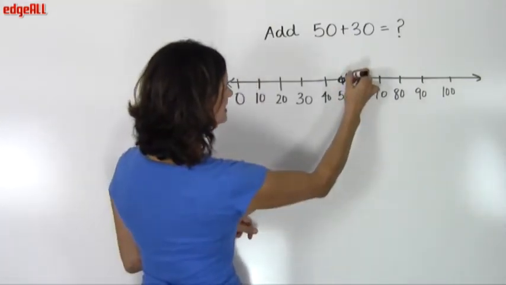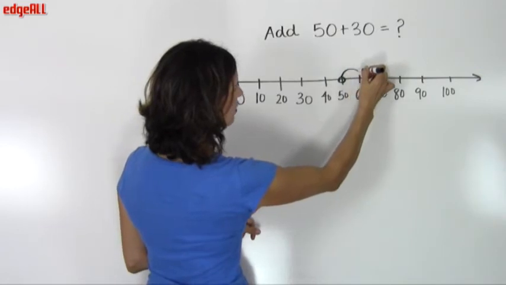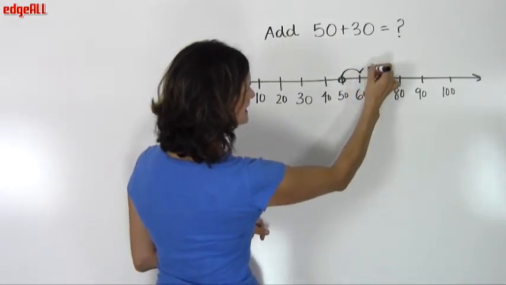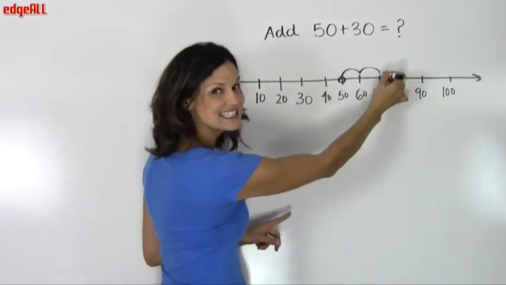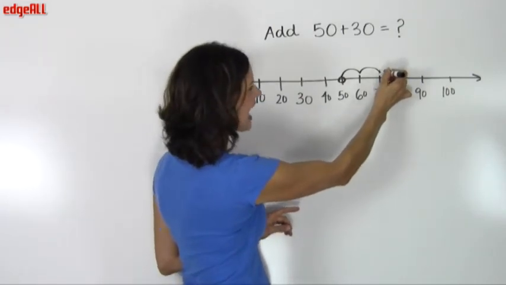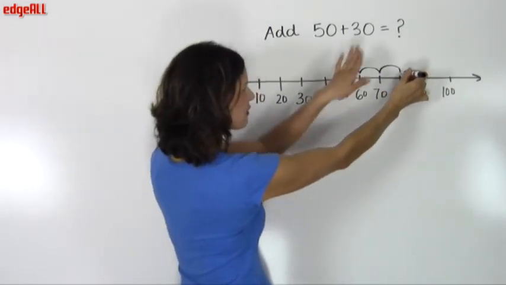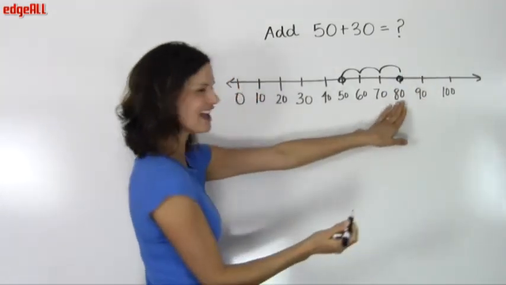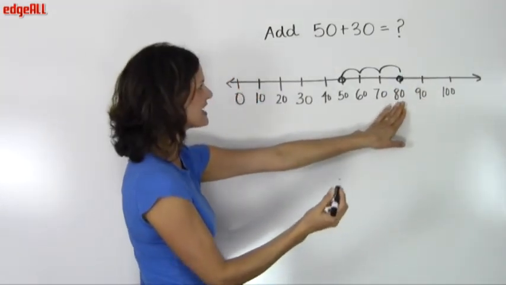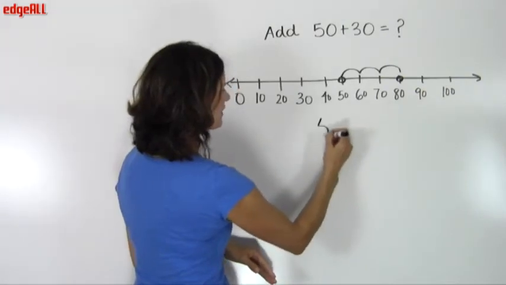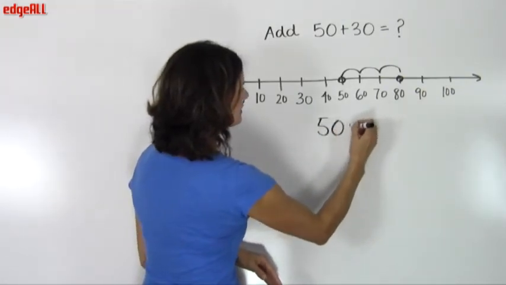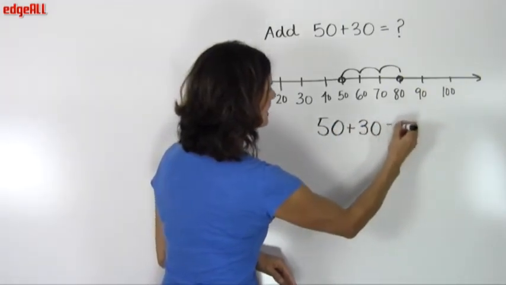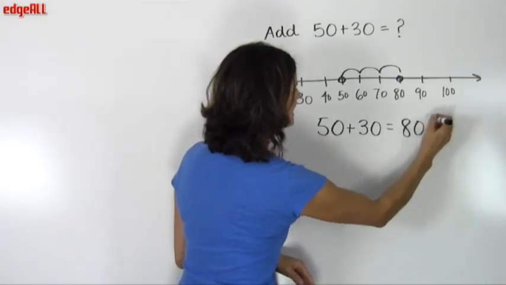I can go from 50 and go over 1 space, that's 10, 2 spaces is 10 more, or 20, and 3 spaces is 10 more, or 30, and I land right here on the 80. So I can see that my answer to 50 plus 30 equals 80.